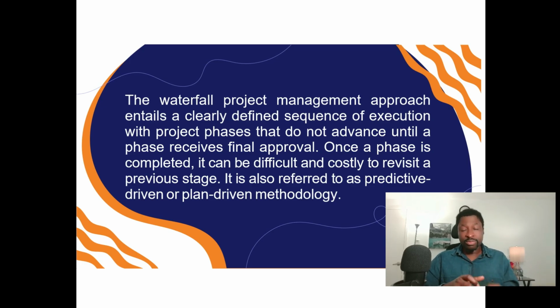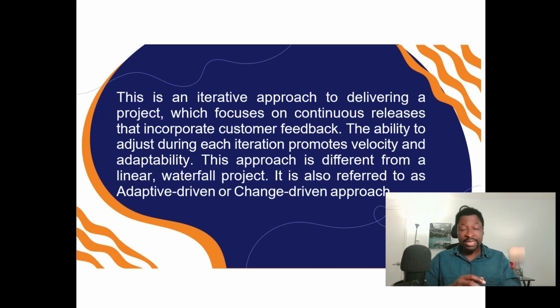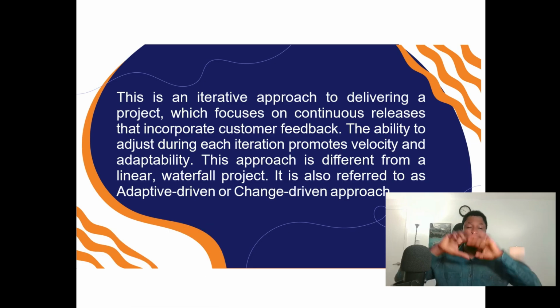So let's move into the next one, which is the Agile project management approach. In Agile project management, it's like an umbrella, and under this umbrella, we have different techniques. We have Lean, we have extreme programming, we have the Scrum framework, and we also have Kanban and some other techniques.